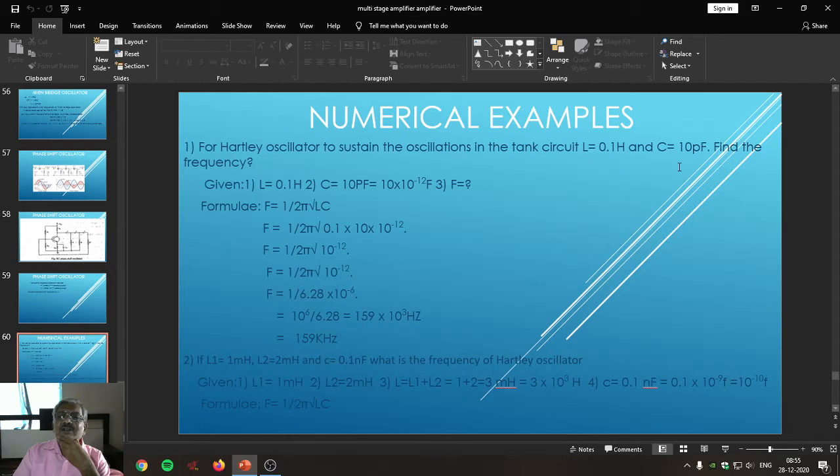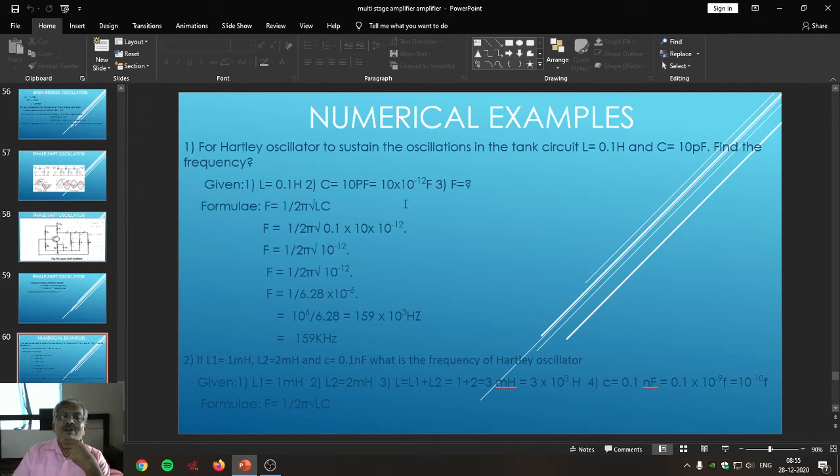As usual, we have to write the given quantities. Only two are given here: inductance L, that is 0.1 Henry, and capacitor C, that is 10 picofarad. Convert it into farad, that is 10 into 10 raised to minus 12 farad. The frequency is to be calculated.